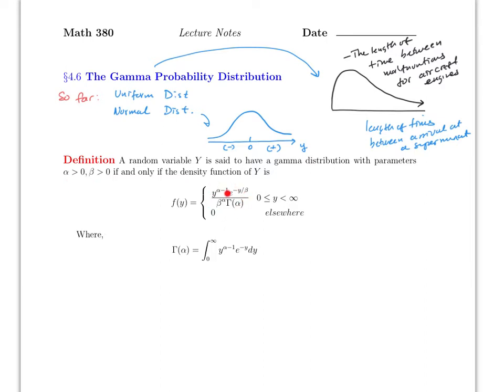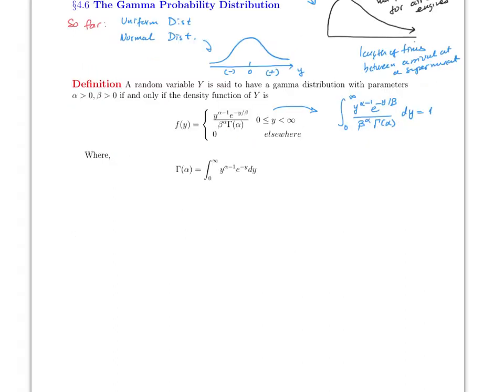Remember, this implies, because this is going to be very useful, that the integral from 0 to infinity of y to the alpha minus 1 e to the minus y over beta, divided by beta to the alpha times the gamma function, which is defined by this integral, has to equal 1. Now let's look at the gamma function.